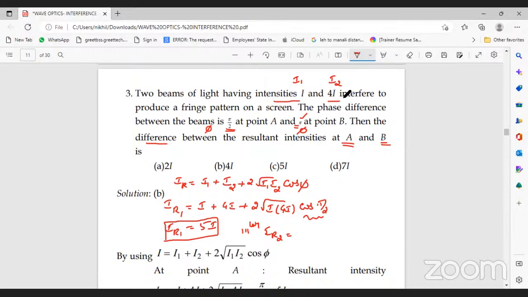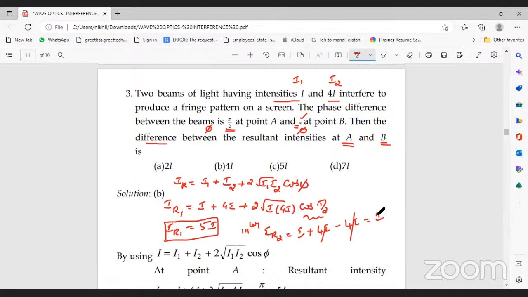What is cos pi? It is -1. After substituting -1, you will get 5I minus 4I, that is -4I. Take the difference, so 4I minus, the 4I will get cancelled.